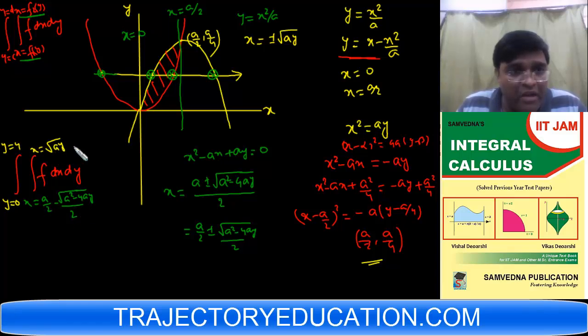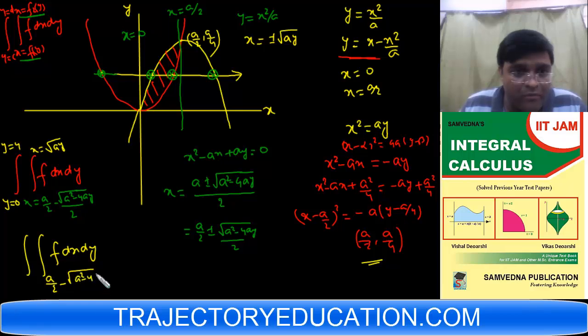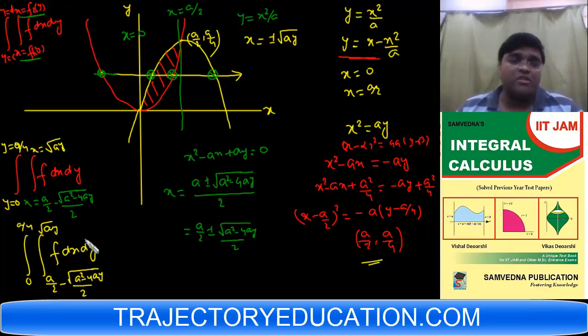You just write a by 2 minus square root of a square minus 4ay, upon 2, to root ay, and y from 0 to a by 4. This is not 4, this is a by 4. So after changing the order, this is your integral.